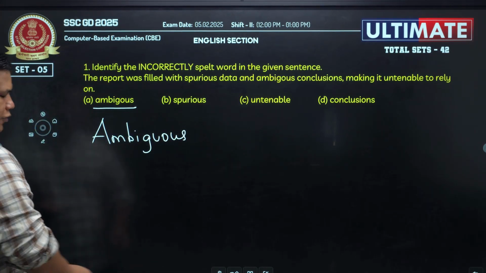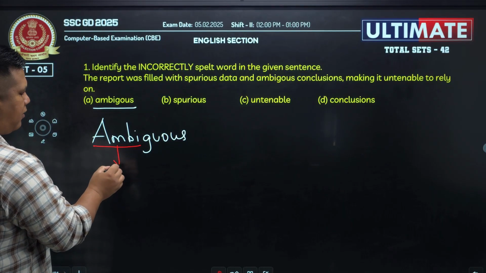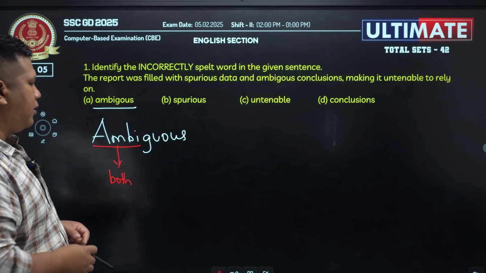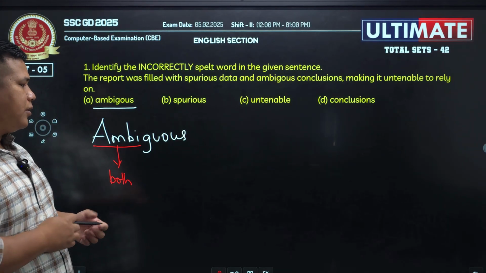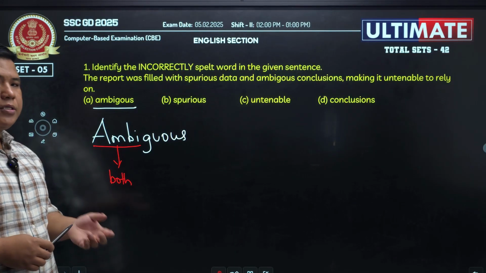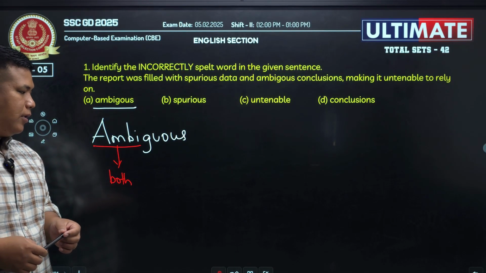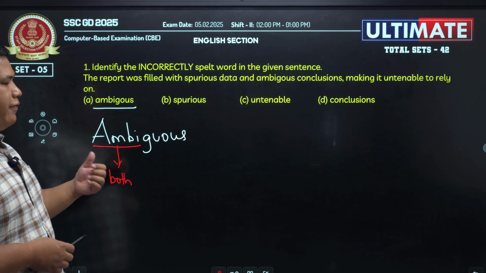guous. So if you break down this word, normally it means both. Like ambivert, somebody who is both extrovert as well as introvert. Ambidextrous, can use right hand and left hand equally. Ambivalence, equal.